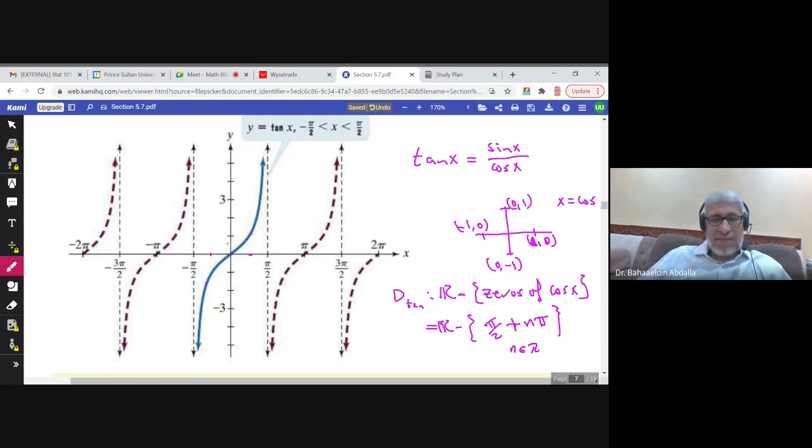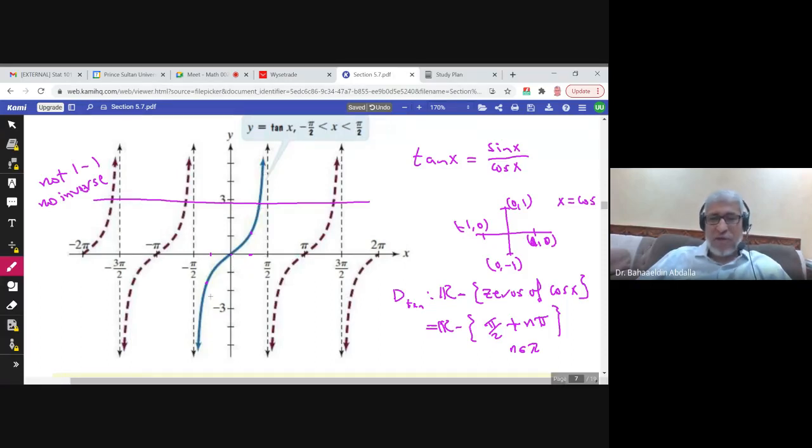Now, as you can notice, this graph is not one-to-one. So as usual, tan is not one-to-one. It has no inverse. To talk about inverse, we have to choose a domain in which tan is one-to-one. What about the domain we chose for sine, from negative pi over 2 to pi over 2?